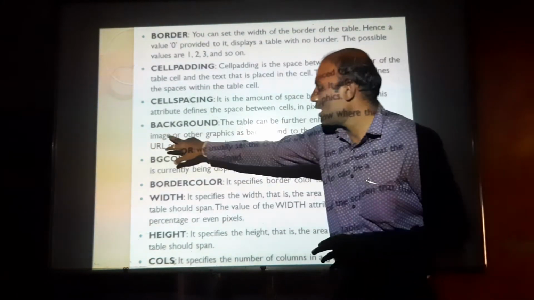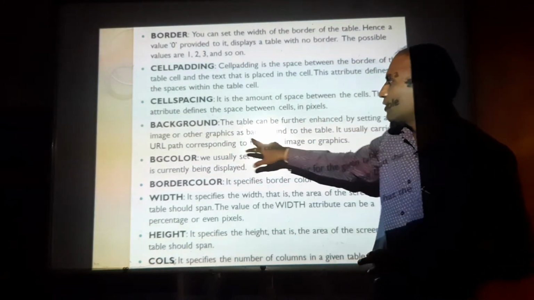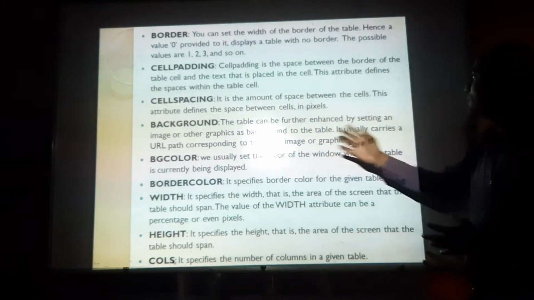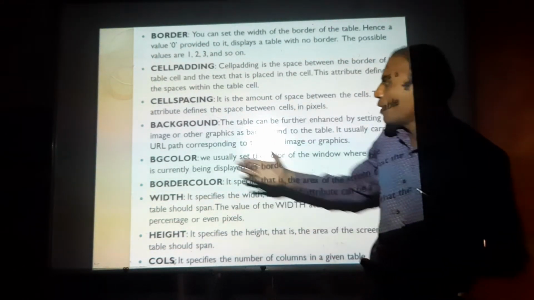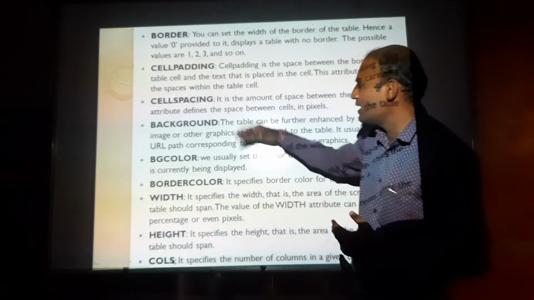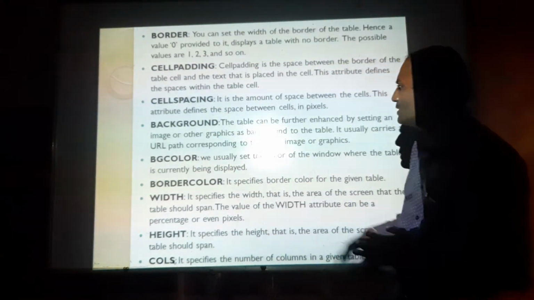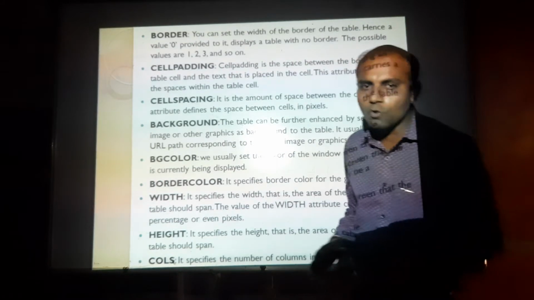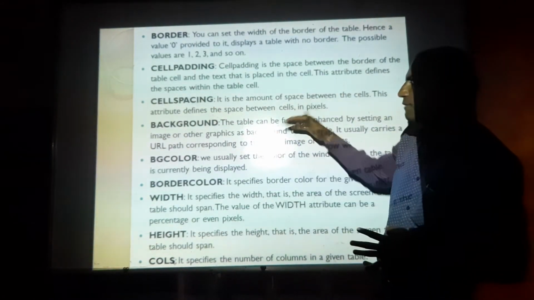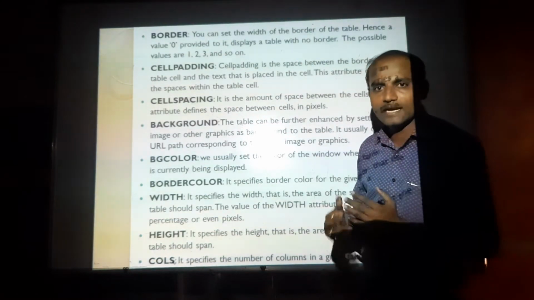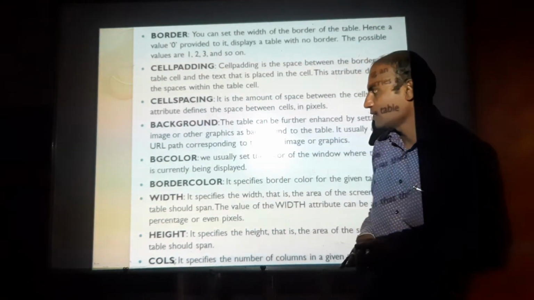We may have images or other graphics as a background to the table, so it usually carries the URL path. URL path means where exactly this image or graphic is located on our host. We need to specify that path, so then only we can change the background to that image or graphic.